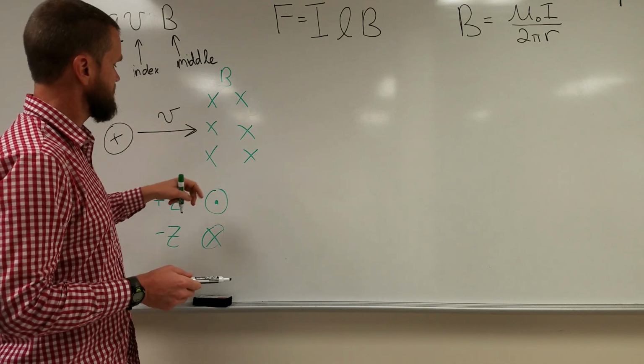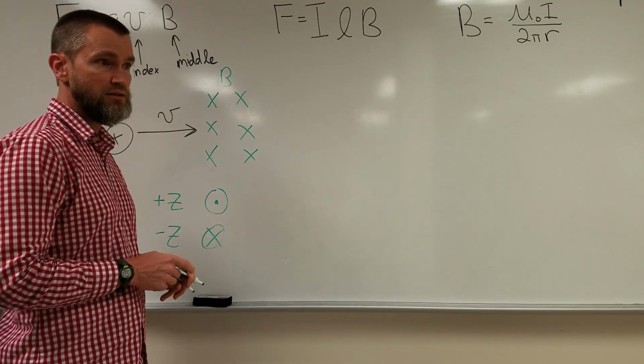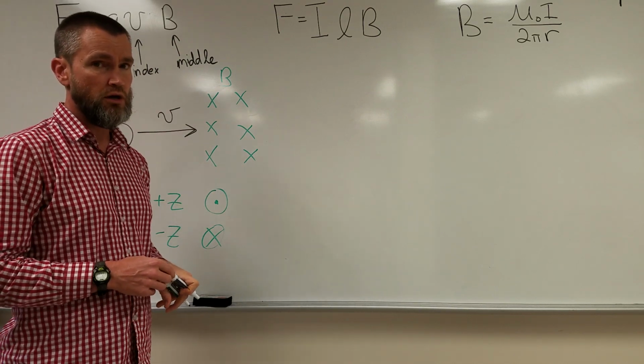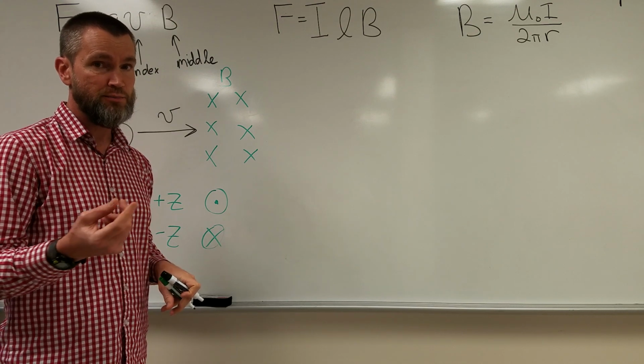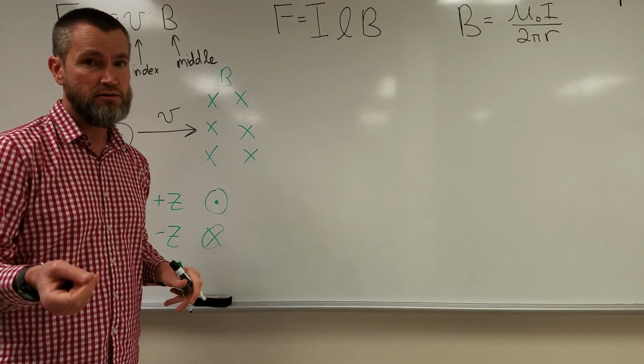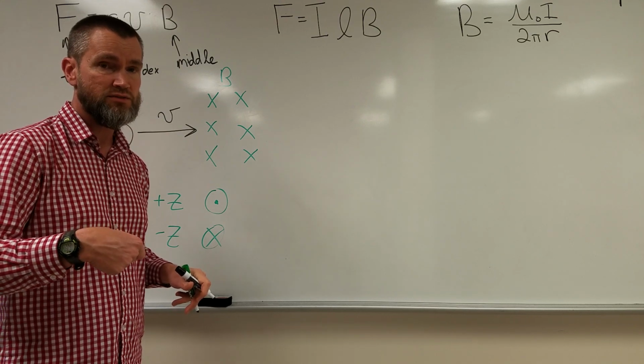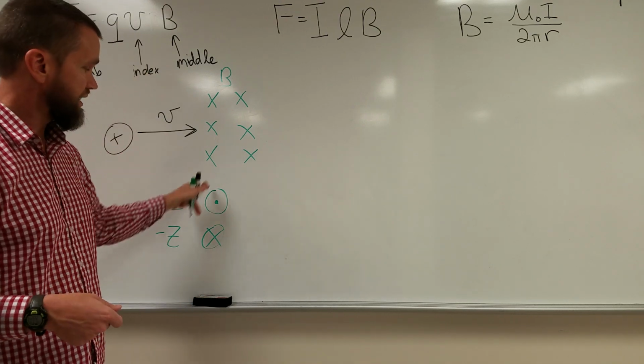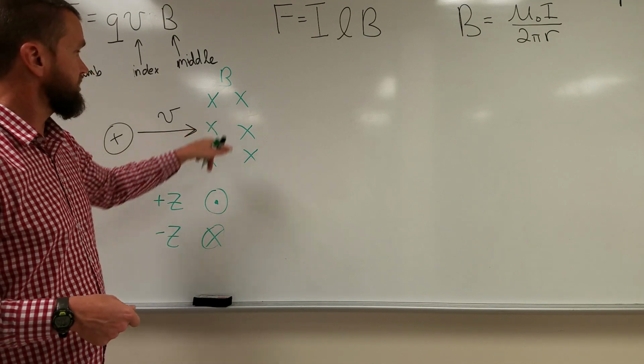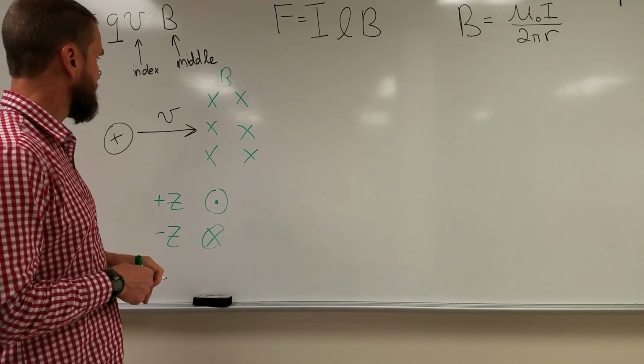So this is going into the page. This is in the minus Z direction. You should be able to draw or recognize the plus and minus Z by either into the page, out of the page. Into the page is negative Z, out of the page is positive Z. You should be able to recognize it by symbols like this.